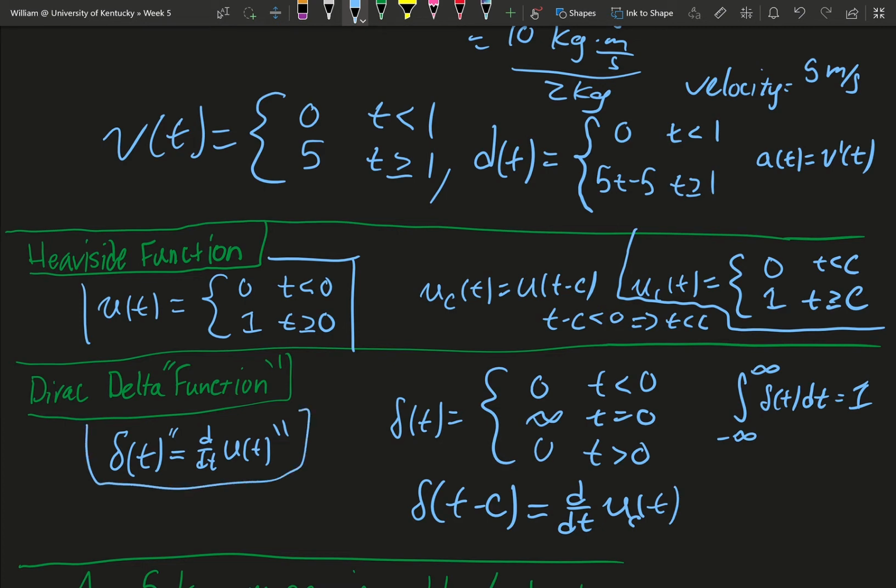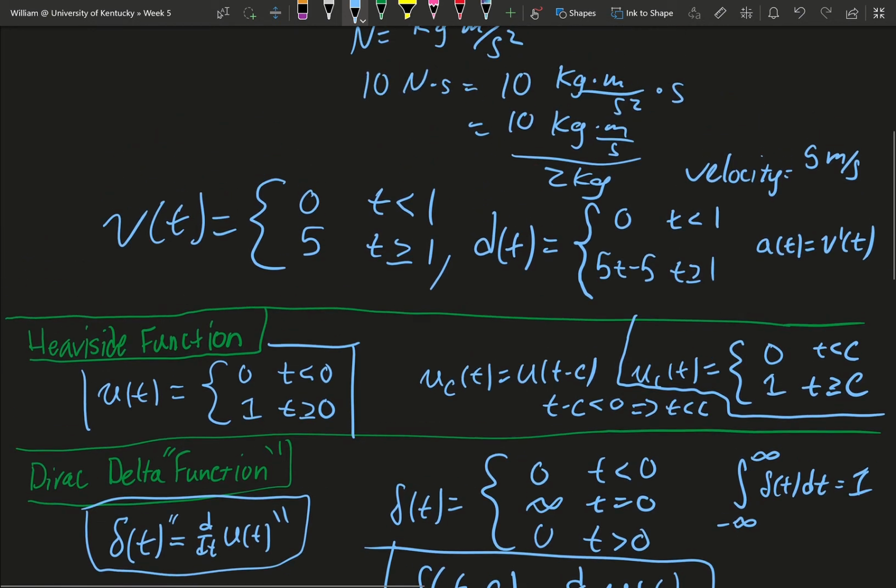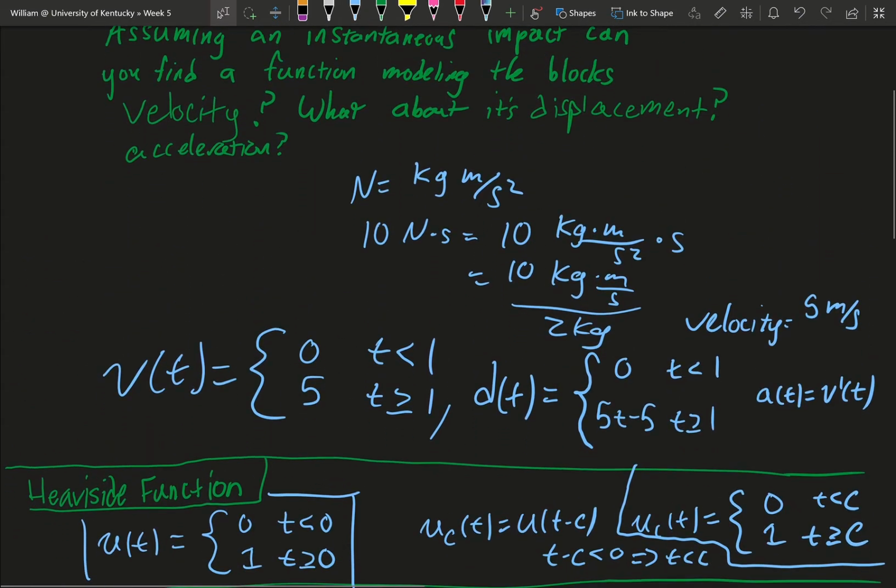Okay, so these are our definitions, and it's really useful. The Heaviside function is more straightforward, but for the delta function, obviously a bullet's impact is not sent to the block instantaneously, but for a lot of applications, we don't really care what happens during that teeny split second when it does actually impact.